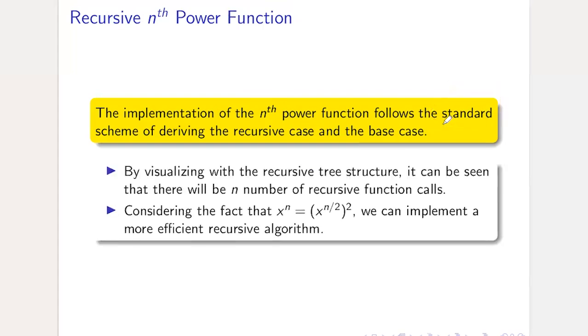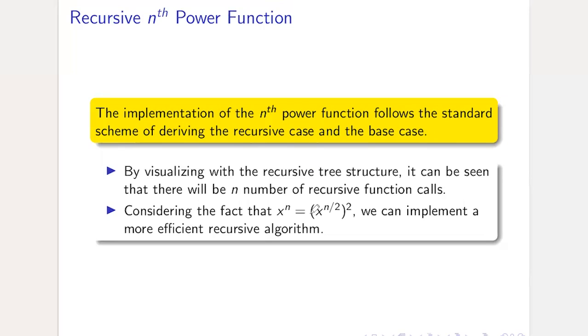So let's look at a further improvement to the algorithm. Now if you visualize the recursive tree structure, which is the same as what we have had for the computation of factorial, there are n number of recursive function calls.